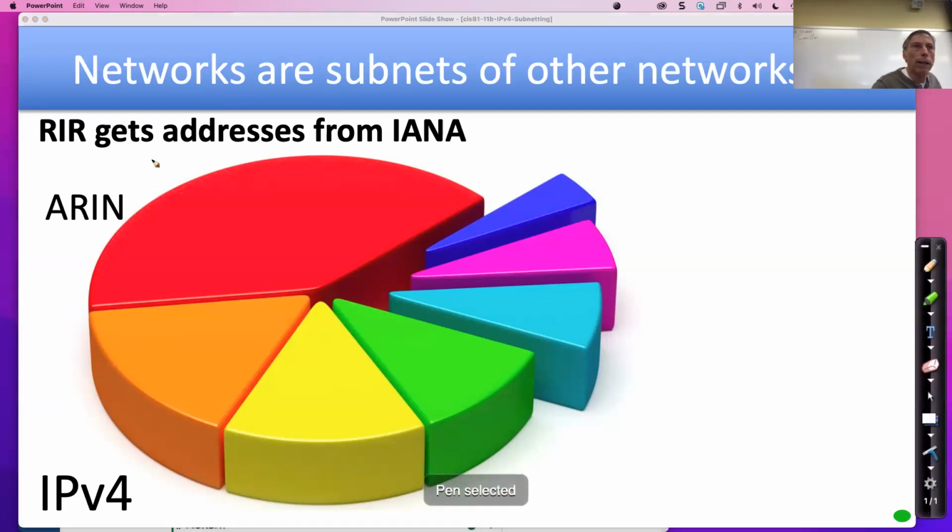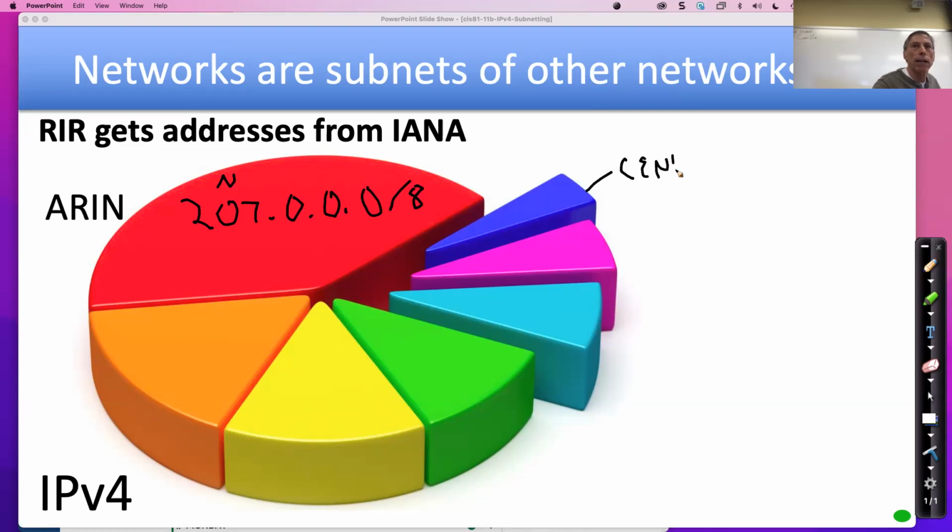Remember that ARIN got a subnetwork 207.0.0.0/8. Okay, this was the network portion here. ARIN got all that. What ARIN did was they divided that up, giving Scenic a slice of this.